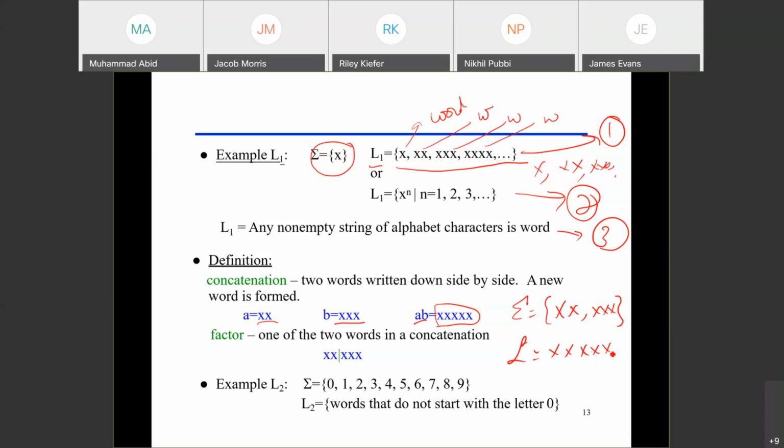Now I want to know whether this word belongs to this language or not. How do we know that? We know that this word belongs to this language if we figure out that we use all the basic building blocks of this language. So we make a factor of this word. Let's divide this word into two parts here.